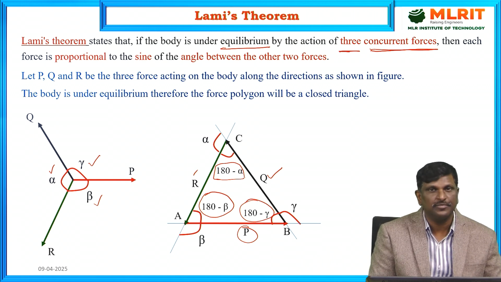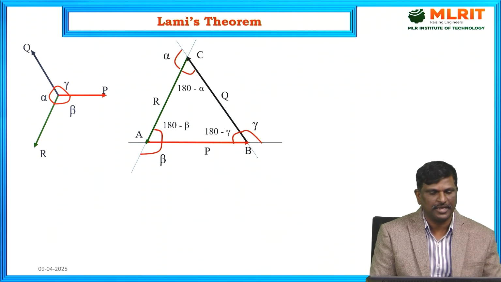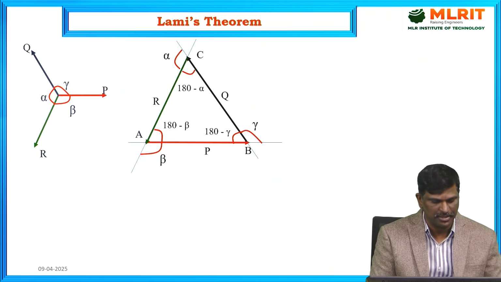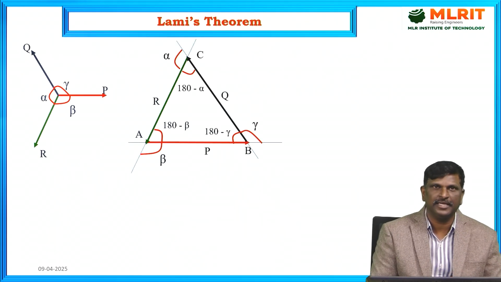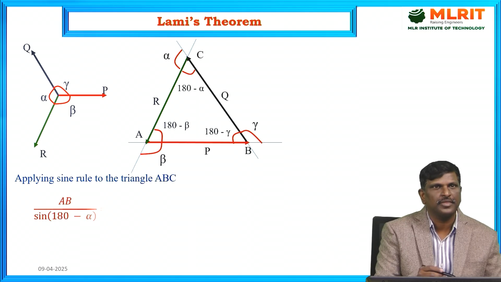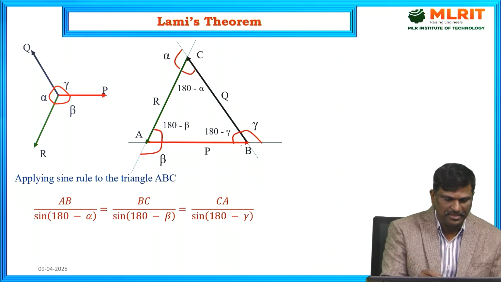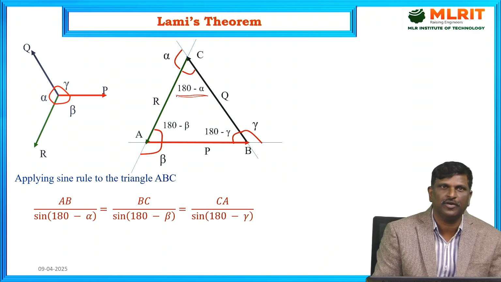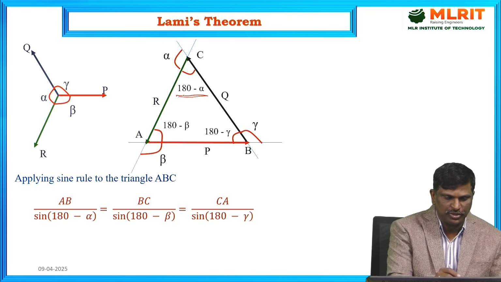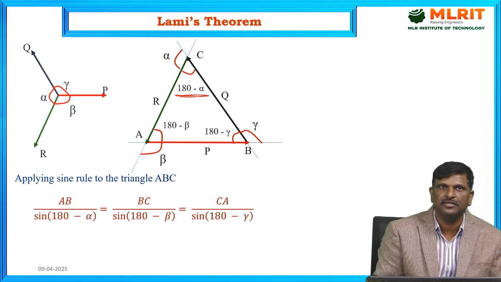So, by using the property of the triangle, or the sine rule which is applied to the triangle, that is, the length AB divided by sine of 180 minus alpha. AB is proportional to 180 minus alpha.